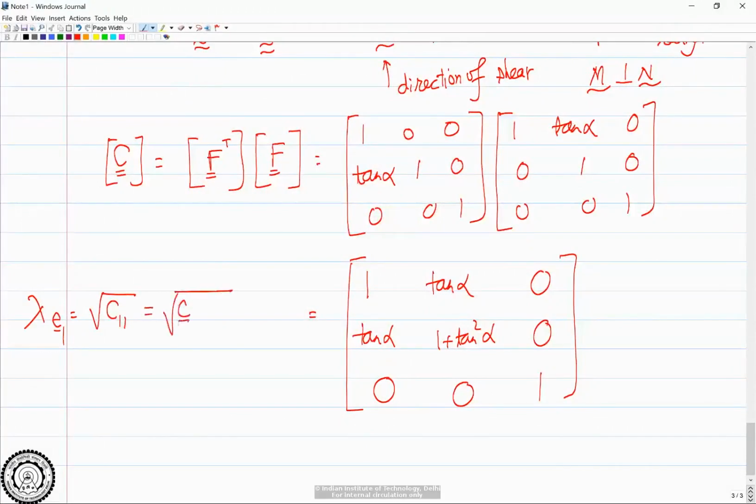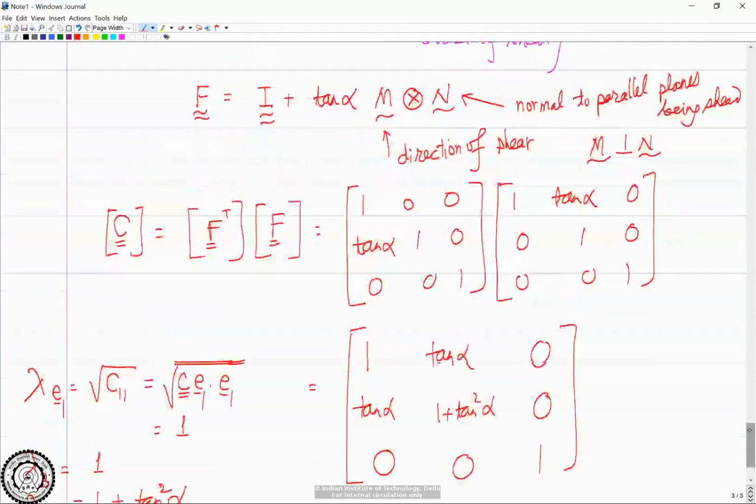Because you can recall the formula, it is C E1 dot with E1. That's lambda squared, and this comes out to be 1. Likewise, lambda 3 is also 1 here. And lambda 2 is the square root of 1 plus 100 alpha squared. And this is also perfectly fine.